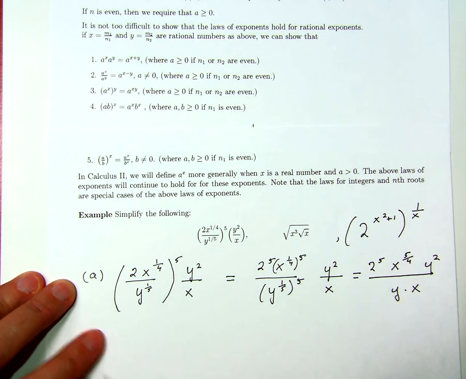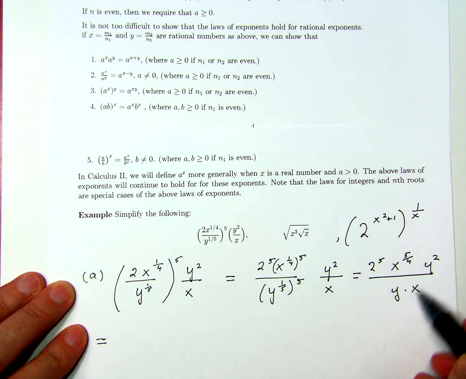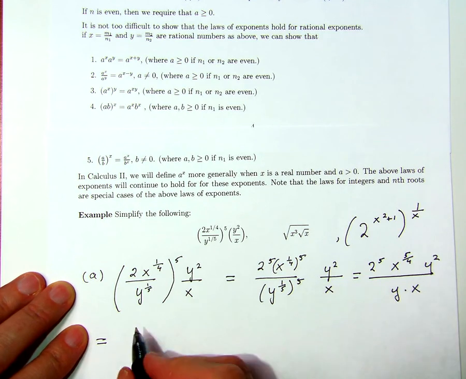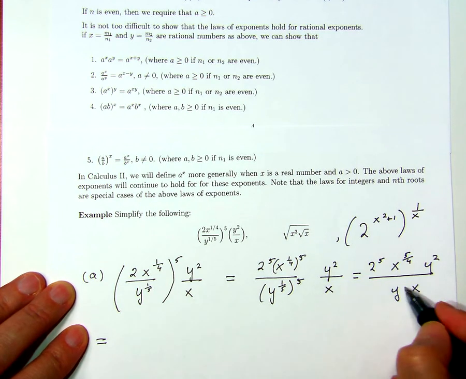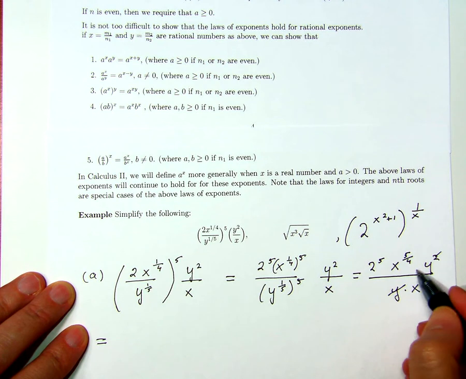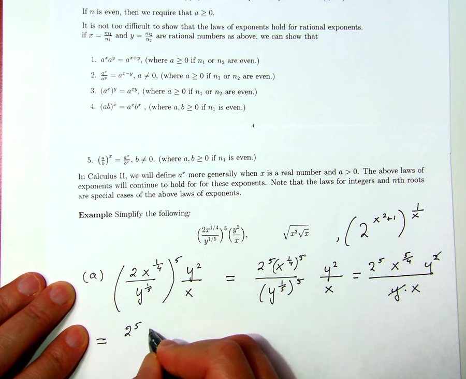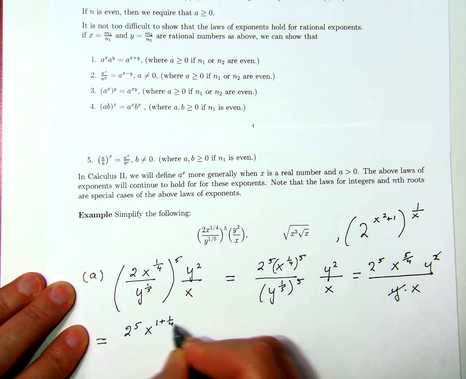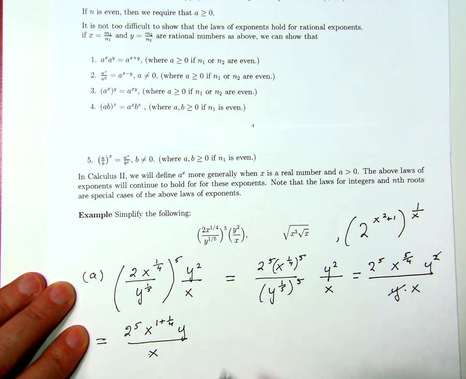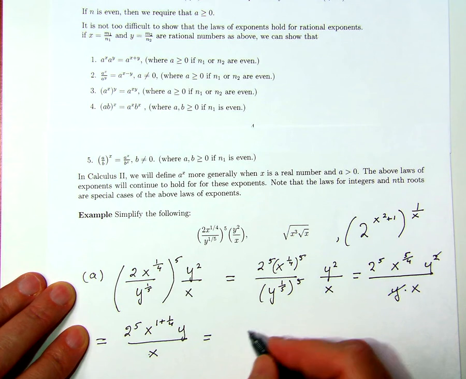Now I get a little bit of cancellation by subtracting powers. So I have y squared over y is y to the 1. And here I have x to the 5 over 4, so I'm going to break it up as x to the 1 plus 1 over 4. And I've cancelled a y. And now I'm going to break this thing up.